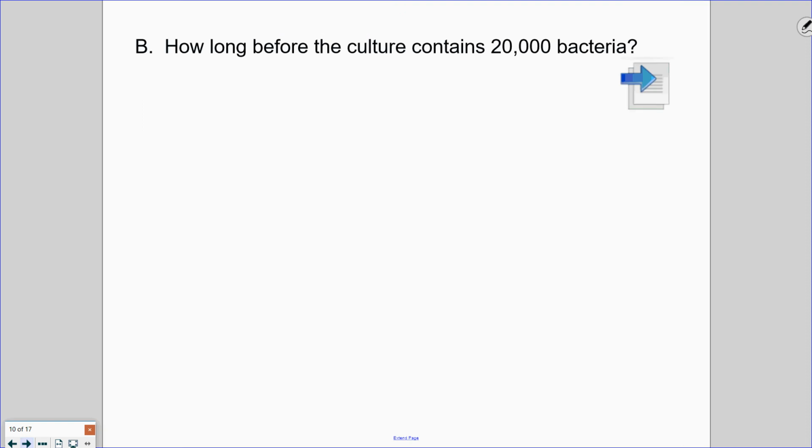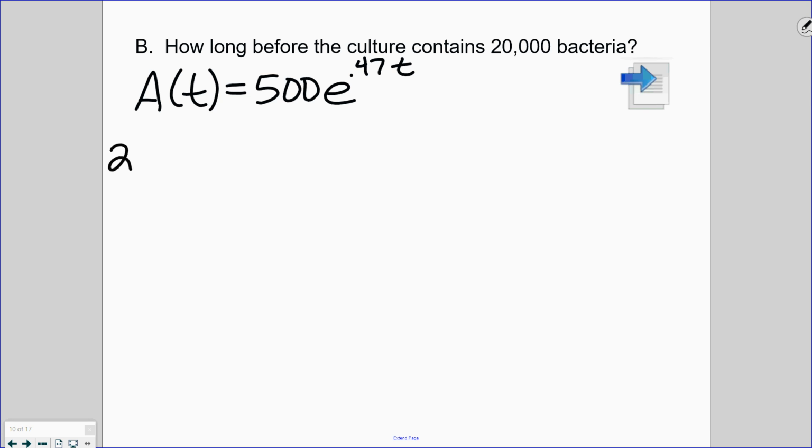Next question says, how long before the culture contains 20,000 bacteria? Well, we just found the model. We started off with 500 of them, and then we went and found k. We found it was 0.47 times t. So this is the model. So now what we want to know is when. So we're trying to find time.